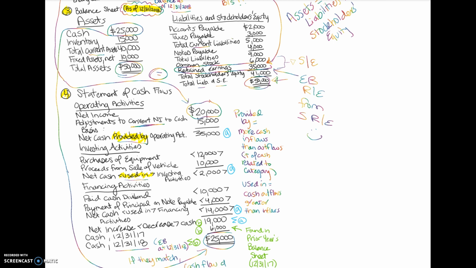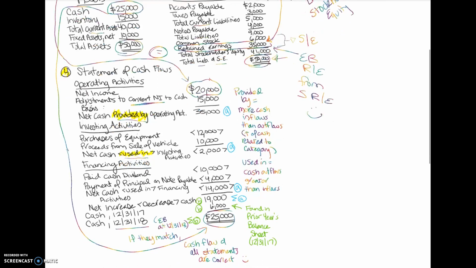And we ended up with a negative amount. So they have more outflows than inflows, hence the used in. The last category is anything having to do with the owners and long-term debt, so financing activities. And we have net cash used in financing activities again.